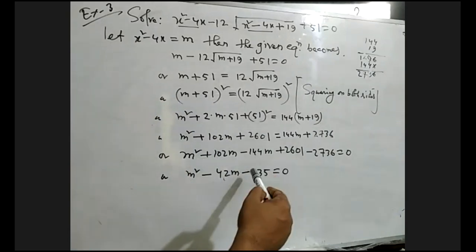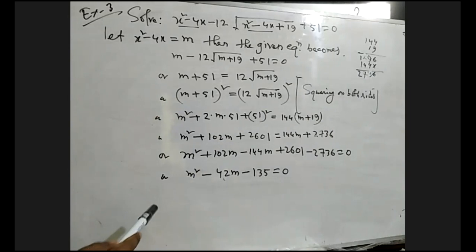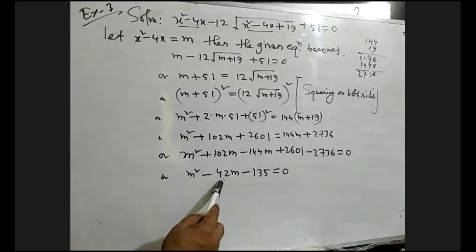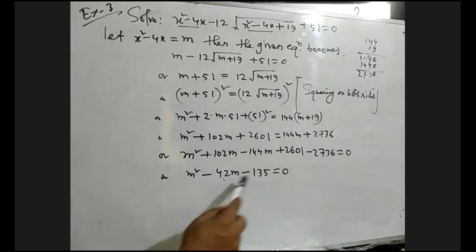So after simplifying, we get a quadratic equation, of the type m square plus bm plus c, where a equals 1, b equals minus 42, and c equals minus 135. Just putting these values a, b, c in the quadratic formula, we get the roots of the equation.